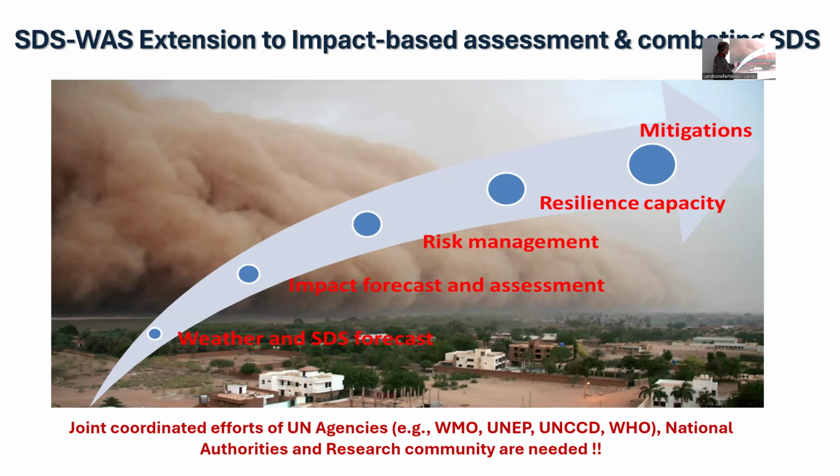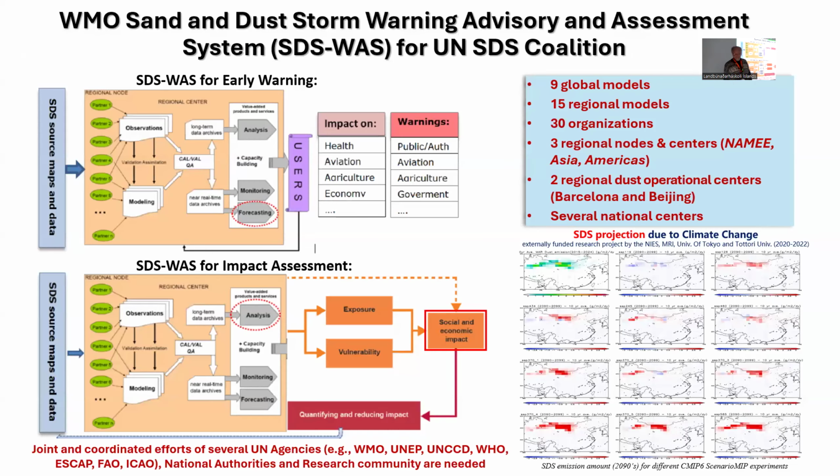And now it is moving to impact-based assessment and analysis. This was one of the reasons why WMO started collaborating with other UN agencies, with UNEP, UNCCD, WHO, etc. And also SDS-WAS itself is moving in two main directions, not only early warning, but also long-term impact assessment.